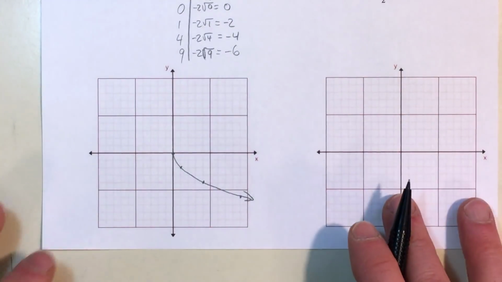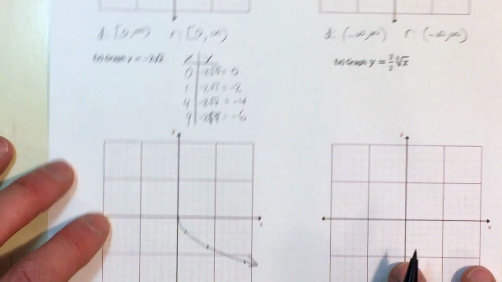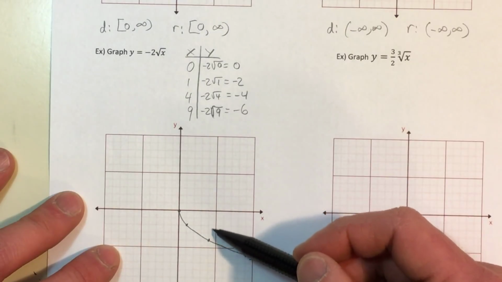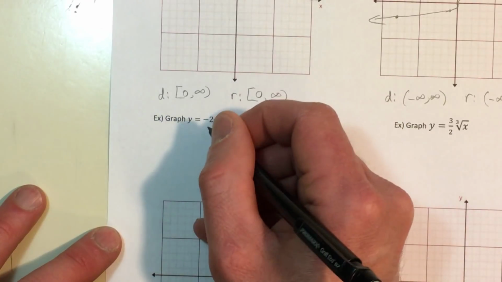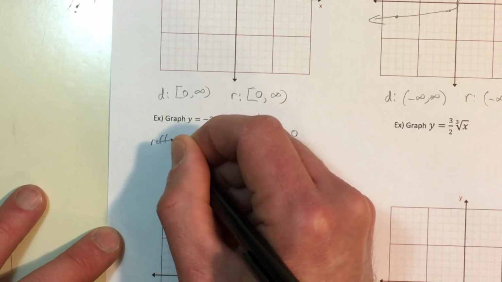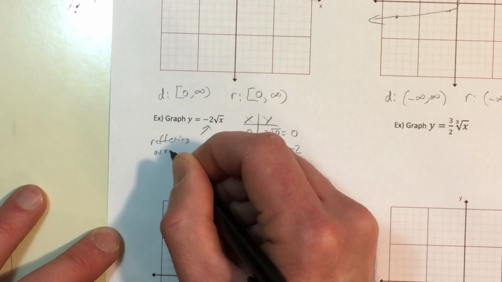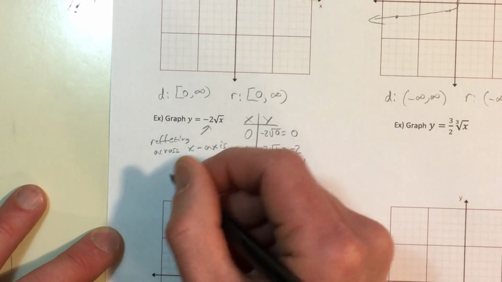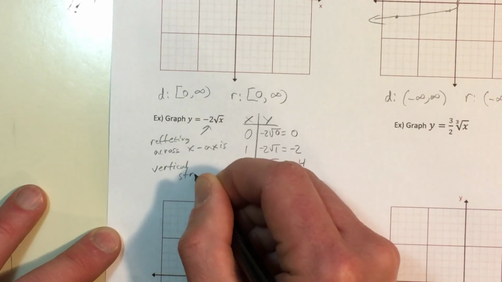So compared to the graph above, it was a reflection across the x-axis, it flipped over, and it was a vertical stretch. So let's actually kind of summarize that just so we have that in our heads. It was a reflection, reflecting across the x-axis, and a vertical stretch.